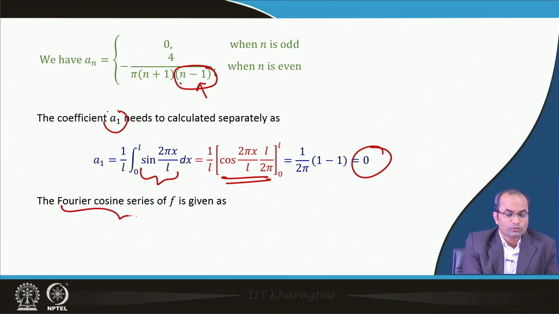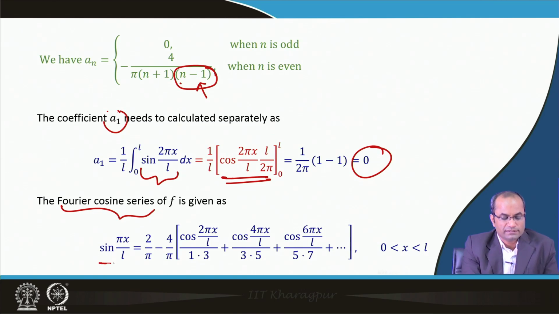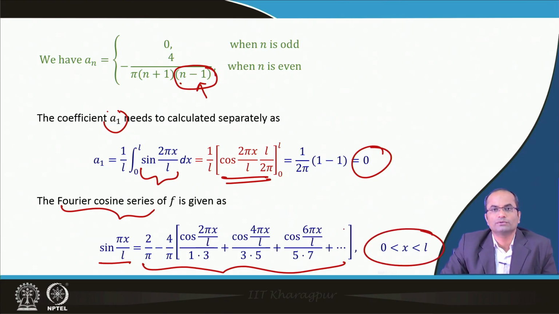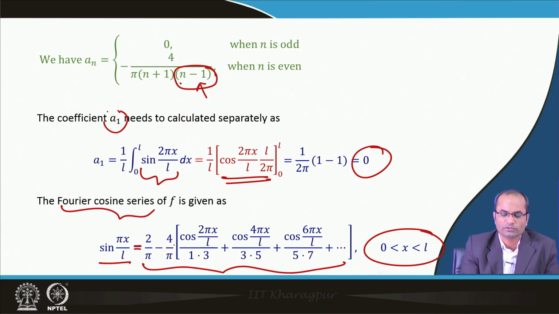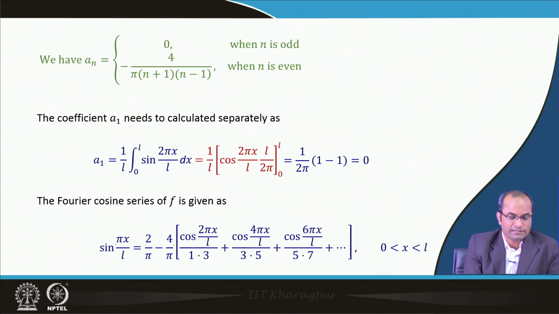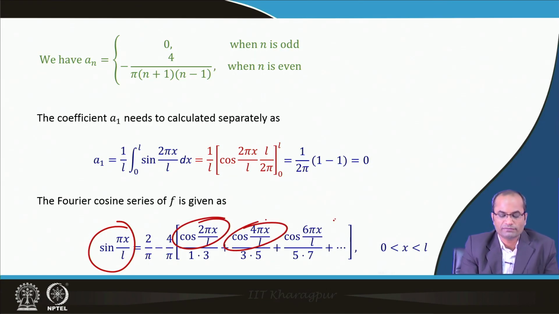So, the Fourier cosine series of this f is then given in terms of the cosine functions, which is valid again in the region 0 to L, and we have equality because of the continuity of this sine function in the interval 0 to L. What is interesting here is that sine pi x over L is written purely in terms of cosine functions.